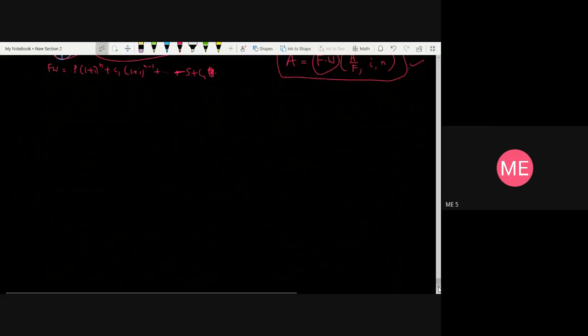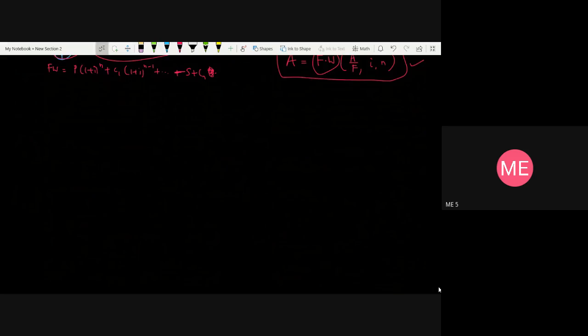So we'll go with one example on this cash flow, equivalent annual worth method comparison. Here, a company is going to invest in two alternatives, that is alternative one and alternative two.